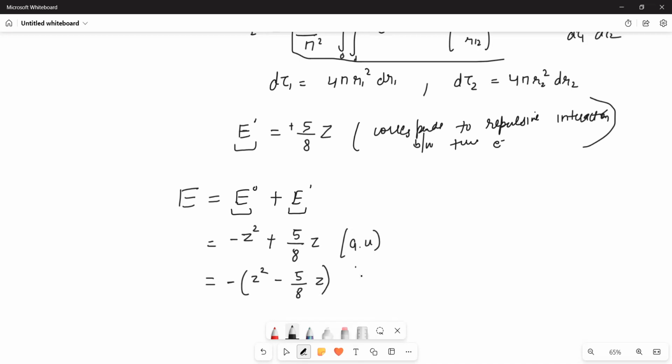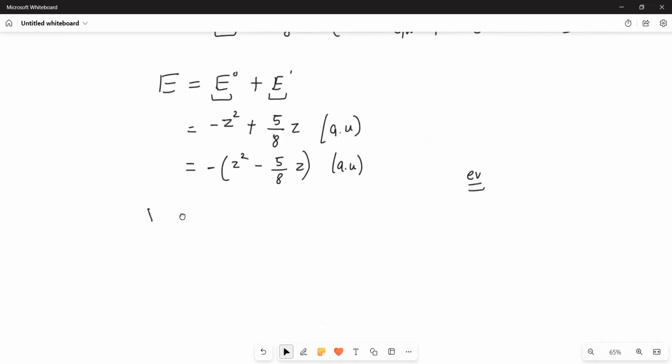But this is in atomic units, so here we will find out the energy in electron volt also. So let's see. If we have used the rest of the parameters as such in the derivation, then in atomic units this is the energy.